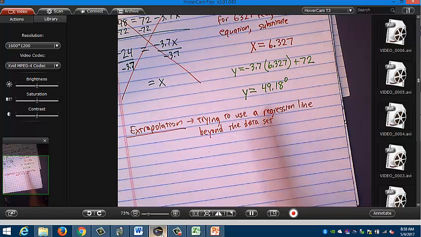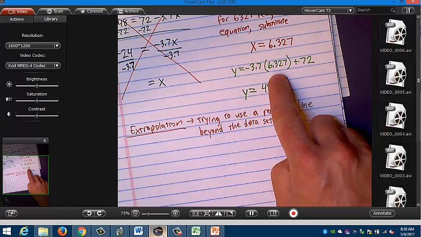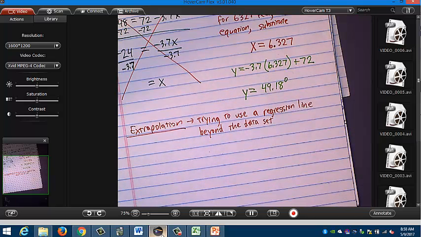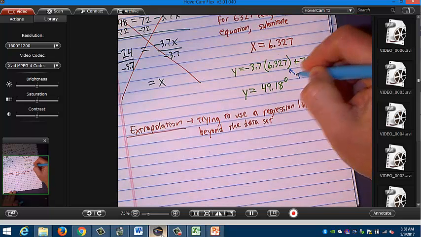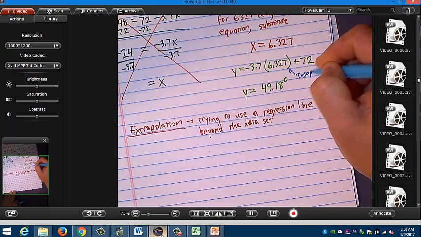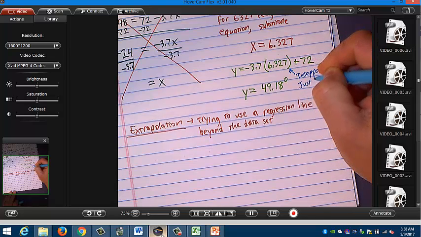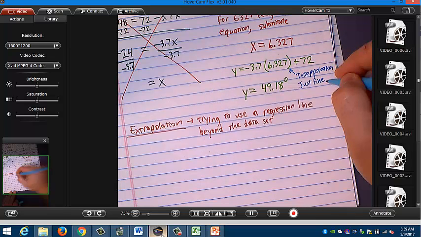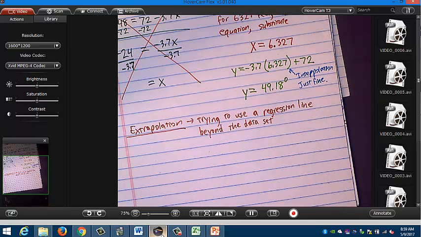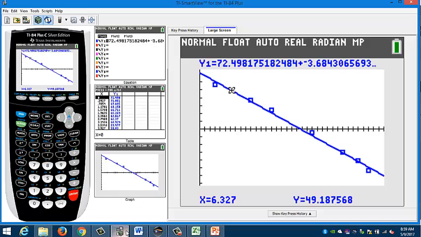What we did here, when we plugged in 6.327, you might call interpolation. Interpolation is just fine. Extrapolation, that's a little dangerous. If you think about it, guys, if I said, what's the temperature going to be at 90,000 feet? I am not confident that it would follow this straight line pattern once you get up that high.